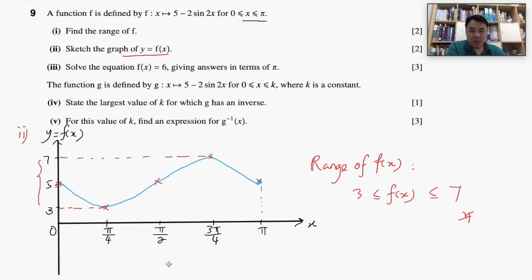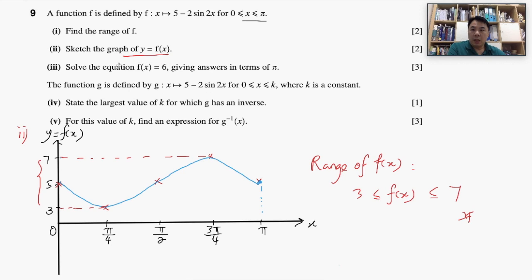I have already sketched the graph for y equal to f(x). What I did here is a little bit different from before. I'm actually sketching it out in one shot without doing any transformation. If you want to go into the detail of how the graph is produced through the help of transformations, by all means, give it a try. So that's number 2.